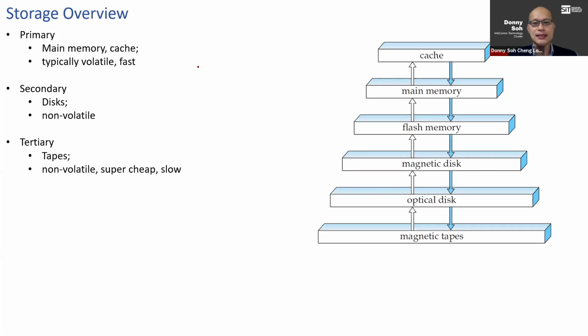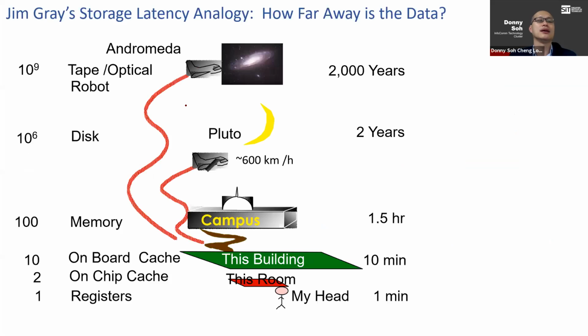There is an analogy whereby reading from registers is like one minute, on-board cache is like somewhere in the building, memory is like 1.5 hours, and tape is like 2,000 years. I really don't know how Jim Gray got this analogy, but yeah.